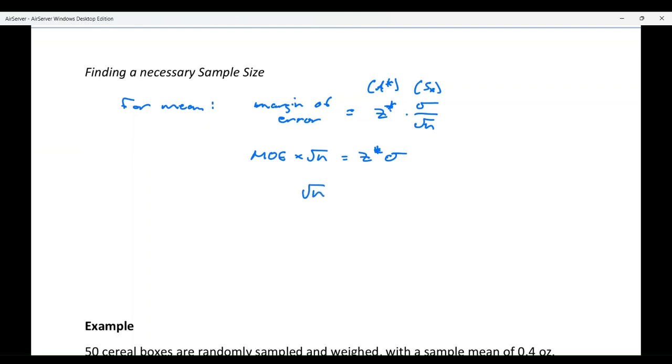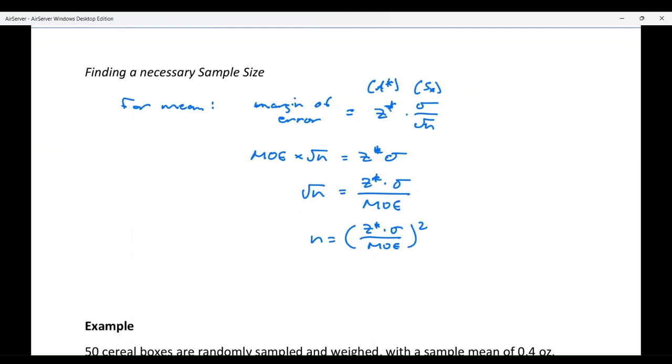So square root of n is z star times sigma divided by the margin of error. And then just square both sides. So n is going to be z star times sigma all over the margin of error, squared. So that would be a formula that we could use to find the sample size that we should be using based on the confidence level, which informs us of z, and the margin of error.